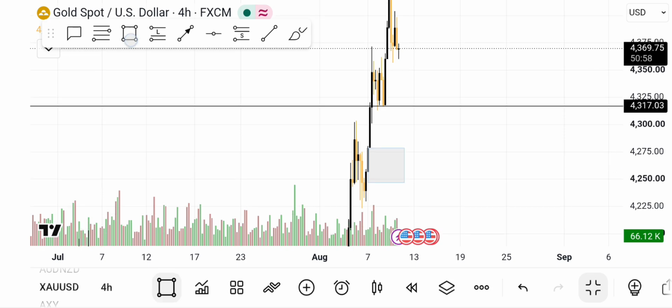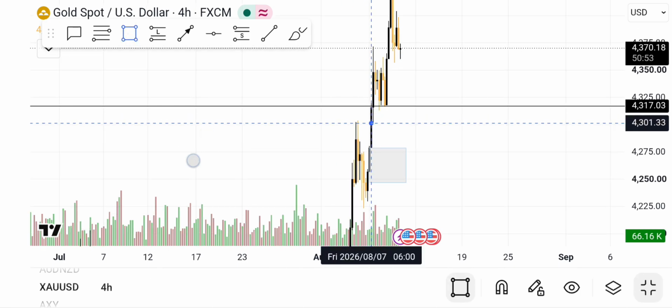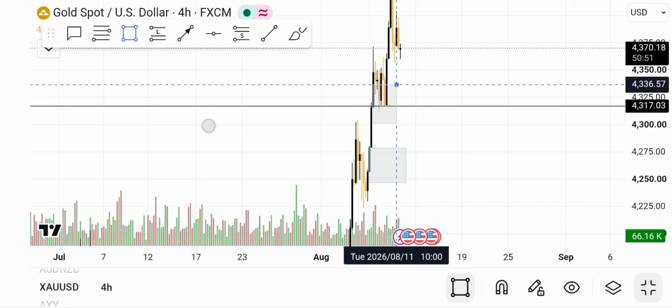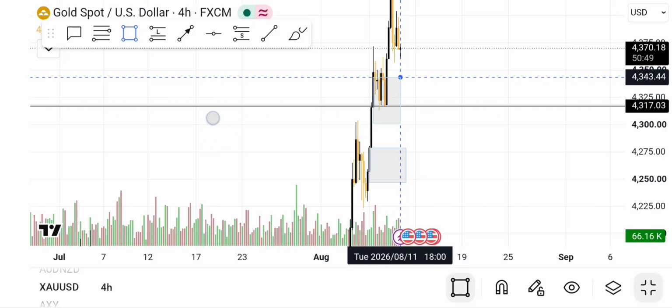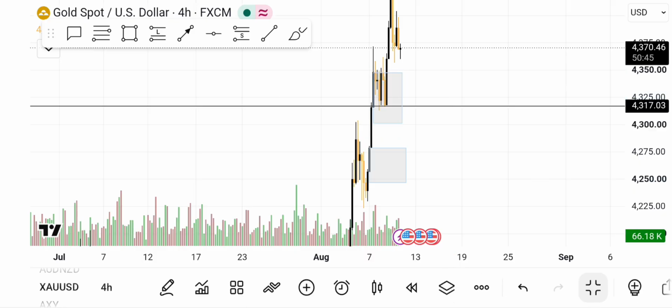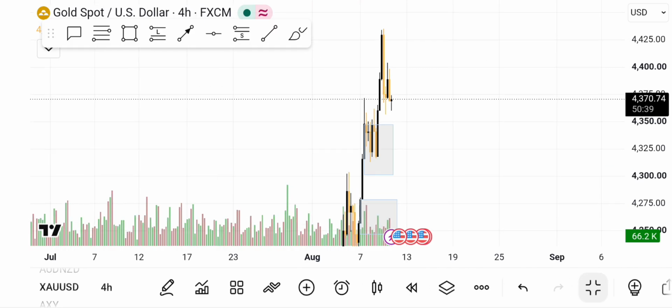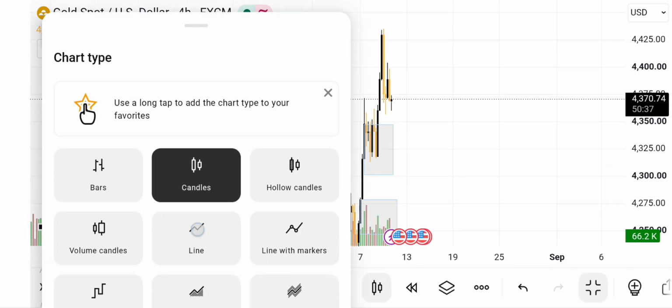Moving to the right, this is the candle that took it out. So I mark the candle. Then we will check the reaction.